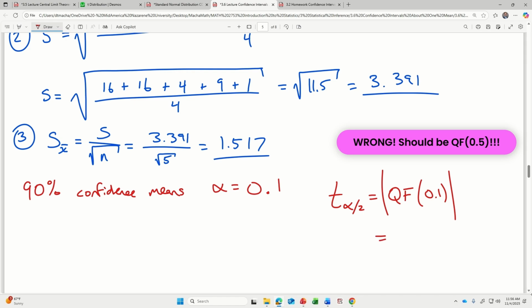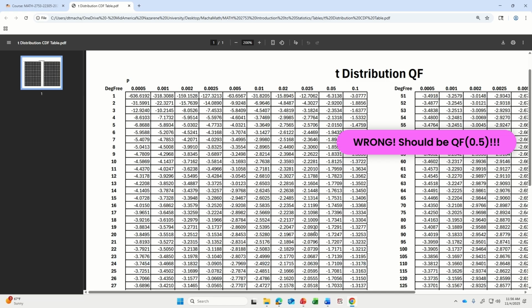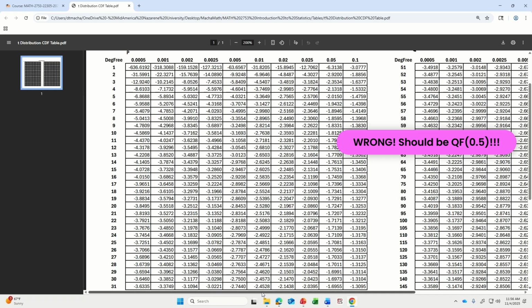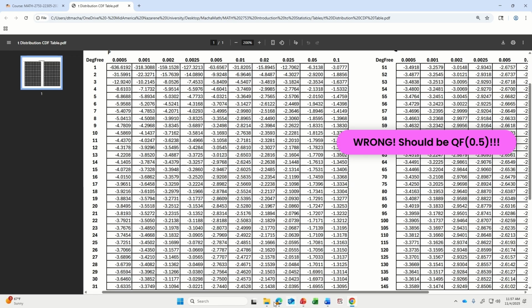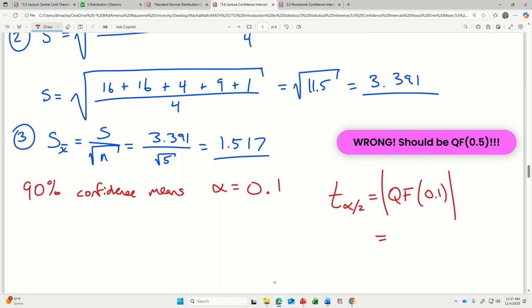We look this up in the table, and how many degrees of freedom do I have? That's right. So 4 degrees of freedom, 0.1.